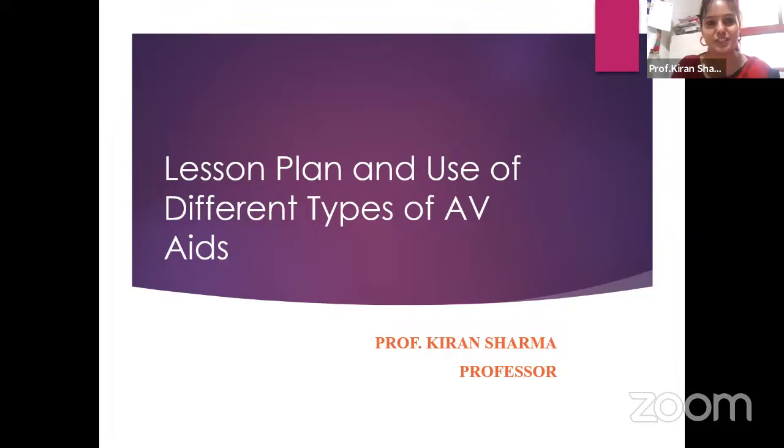So let's start. Today I have been assigned the topic lesson plan and use of different types of AV aids. Let's start with a scenario. I'm putting two scenarios, 1 and 2. In one scenario, a woman needs to purchase household things, and she goes to the shop, picks things, puts them in the basket, pays the bill and comes home.